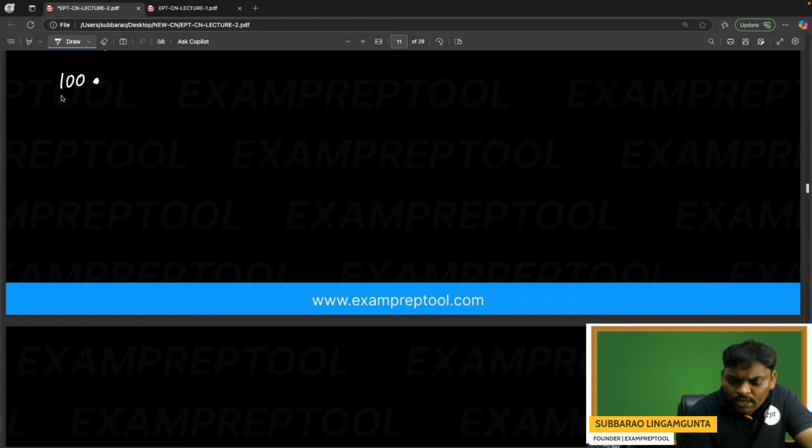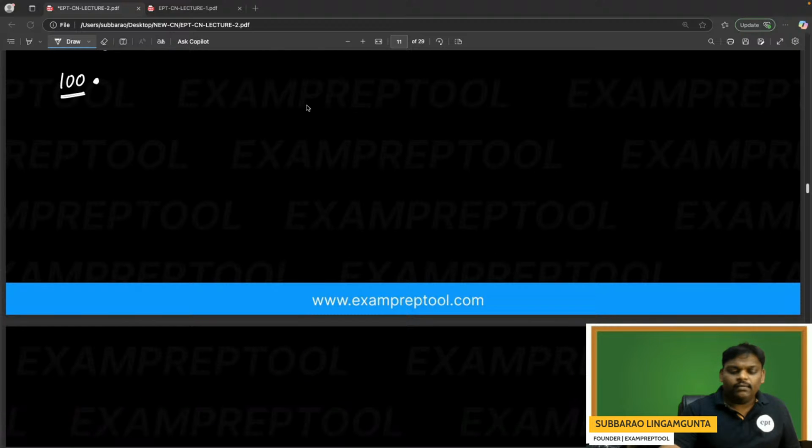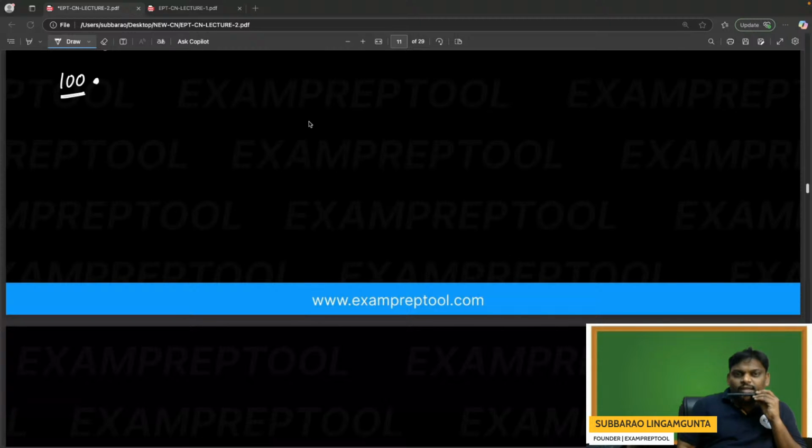If the first octet is 100, which class is it? Everyone give an answer. It is a very interesting one. Can you catch this point also? You will get more clarity.